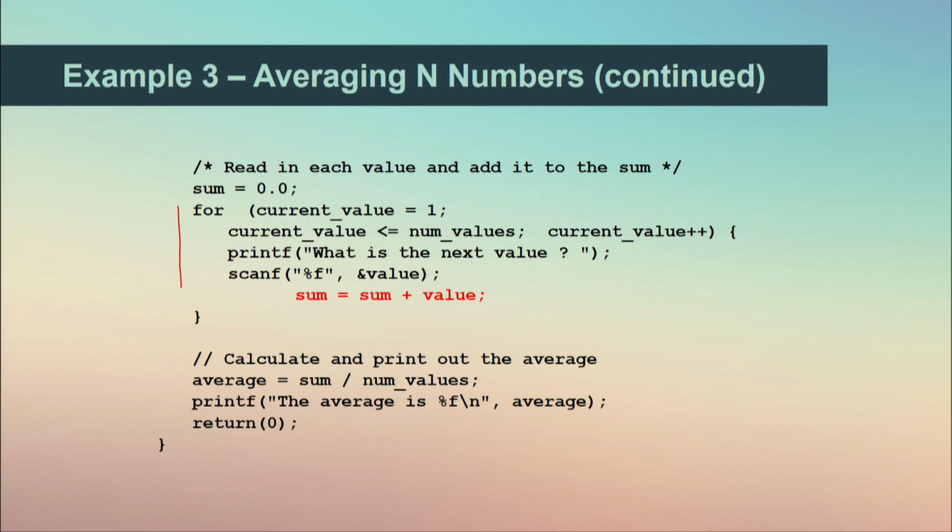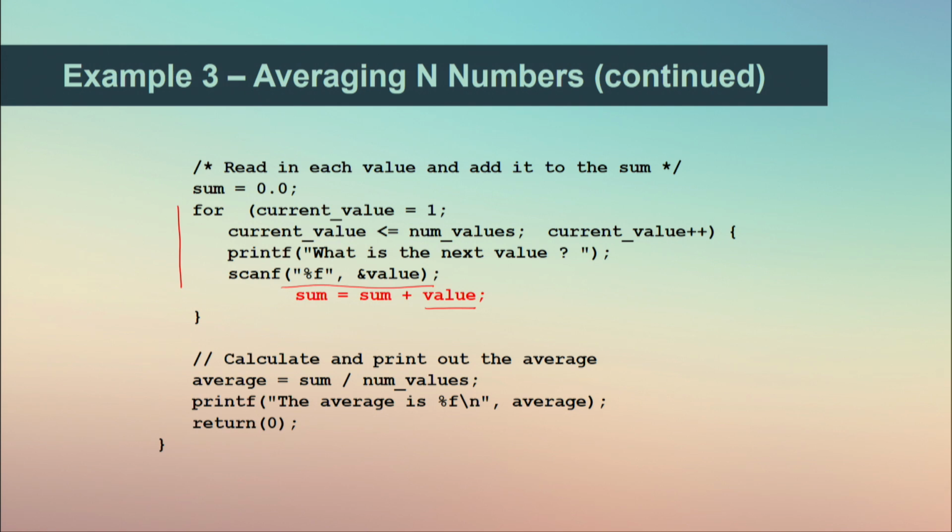If the condition is true, we execute the body of the loop, where we are just getting the next value you want to add to the sum variable. So, this value is read as value, and that value is added to sum on every iteration until the current value becomes the number of values.